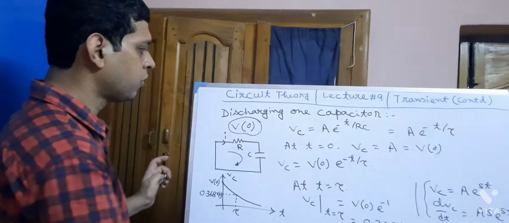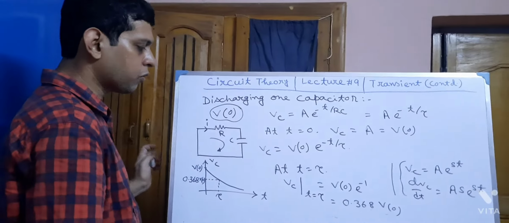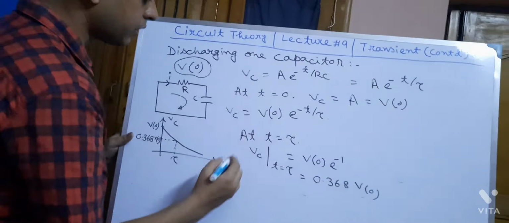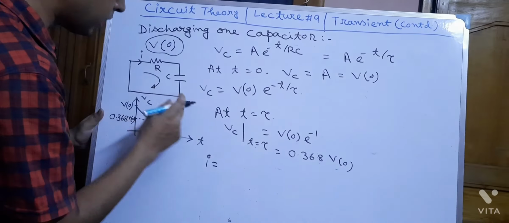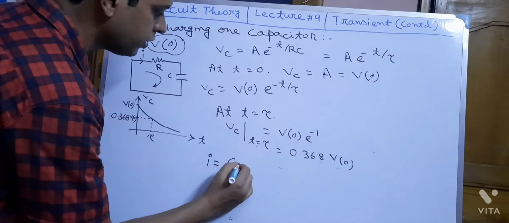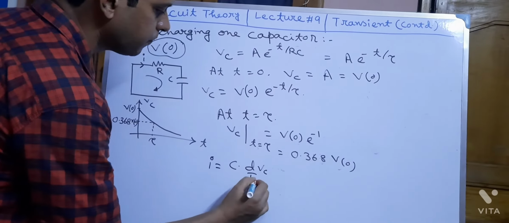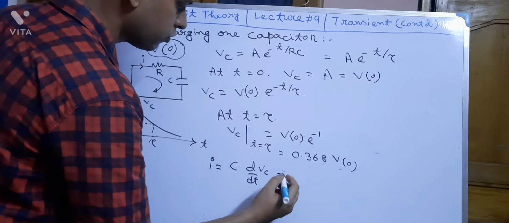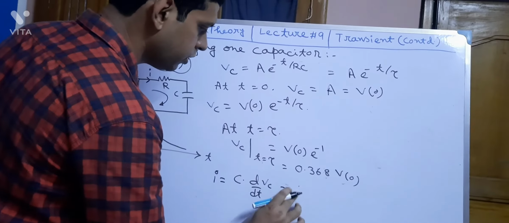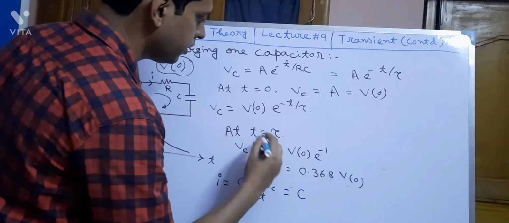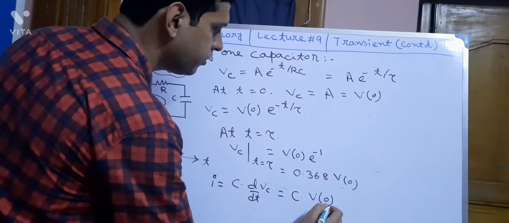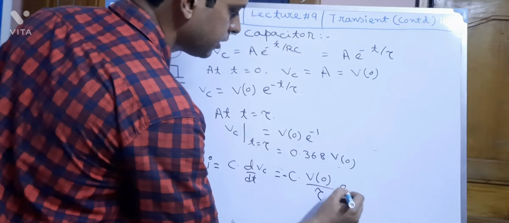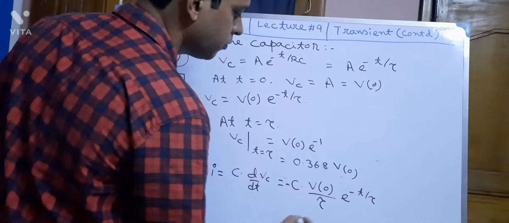Okay. Now if Vc equals this, the current through the capacitor is equal to C dVc/dt. So I equals C into V0 by tau, and we will get a minus here, e to the power minus t by tau.